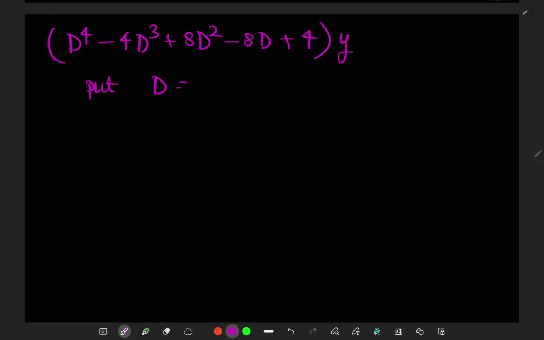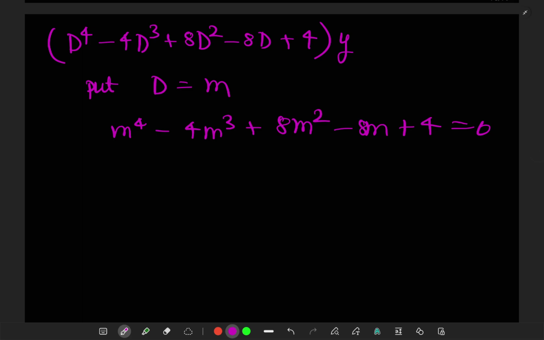Put d is equal to m. So we can write here m raised to power 4 minus 4 into m raised to power 3 plus 8 into m raised to power 2 minus 8m plus 4 equal to 0. For this solution we need to find the factors of this equation. So divide this equation by m square, we get this equation.